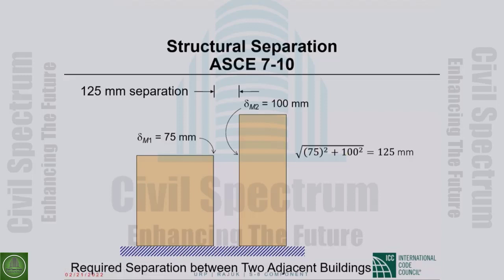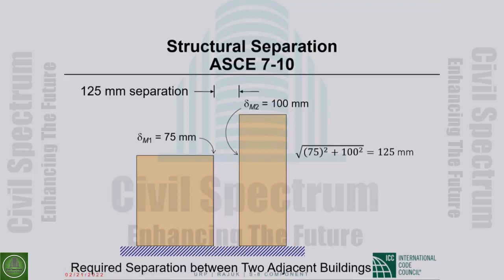Okay. Now, if we wanted no contact between the two buildings, no contact whatsoever, then we would have to separate them by a distance equal to 75 millimeters plus the roof level displacement of the taller building, which would be, let us say, 150 millimeters.